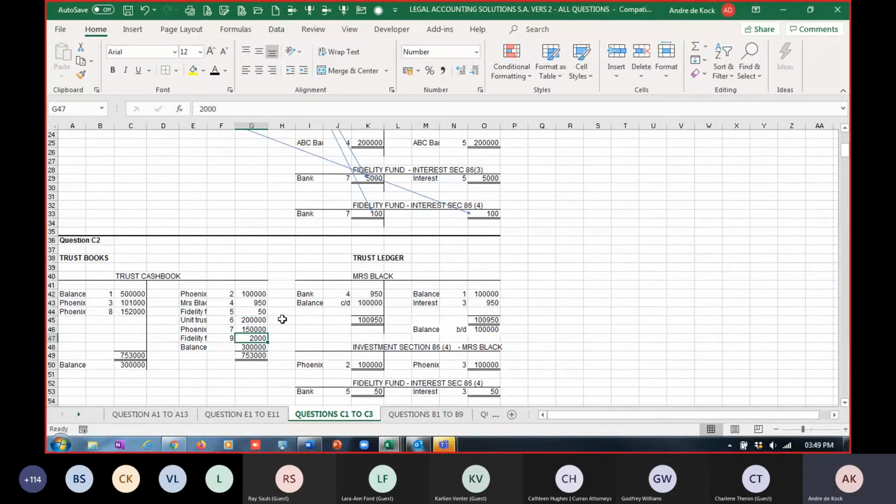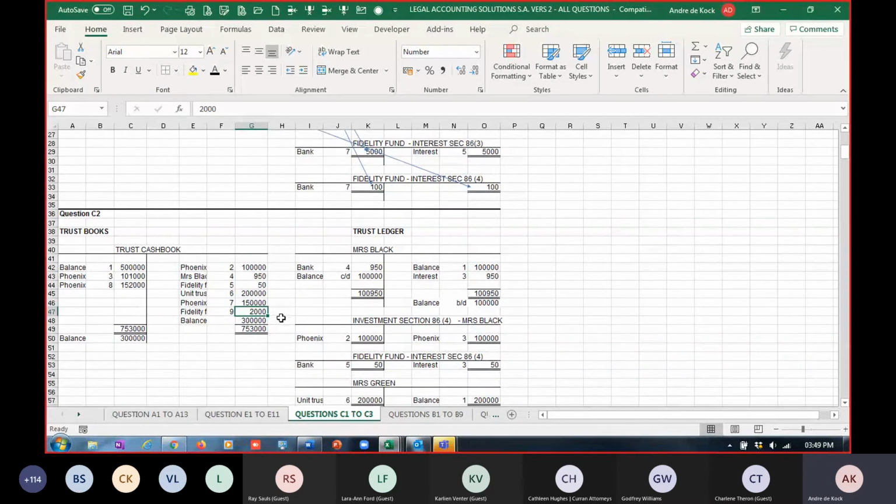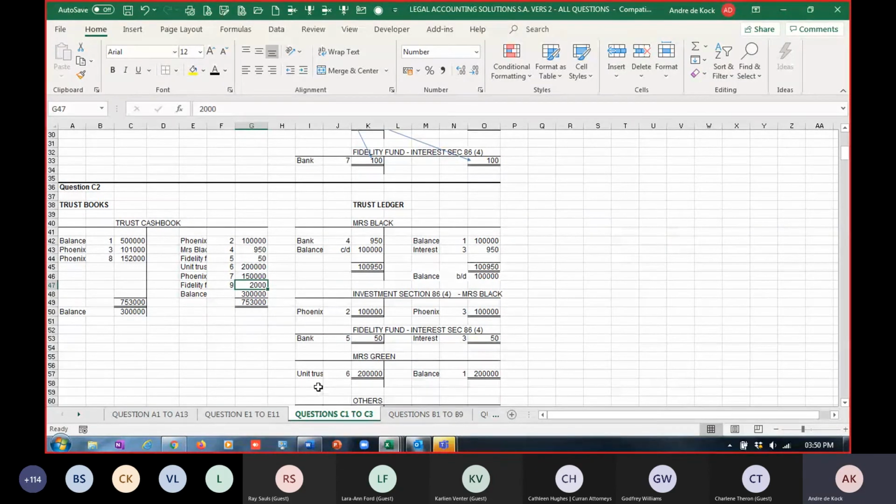The reason being because I'm just following the question. 2.1 says when you close the account with 100, I paid the beneficiaries. I don't know if I closed 2.1 at the same time as 2.3. Maybe they were just different times. So I've just done it like that. I hope that it explains it to you, Shannon.